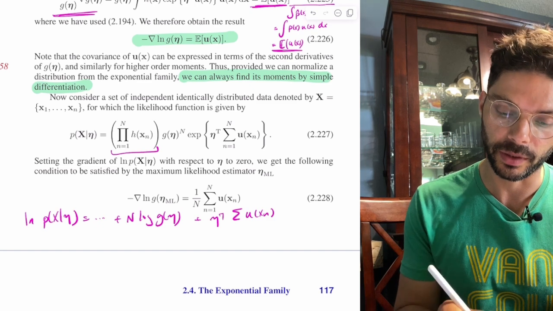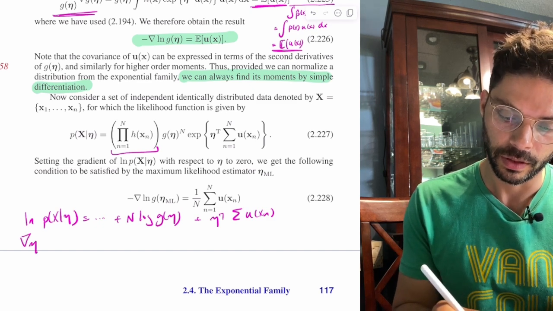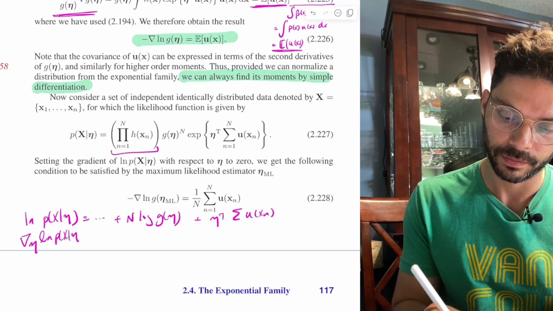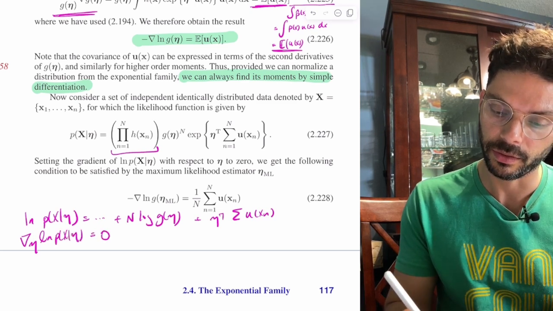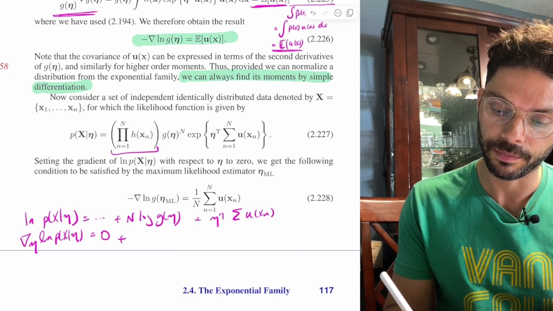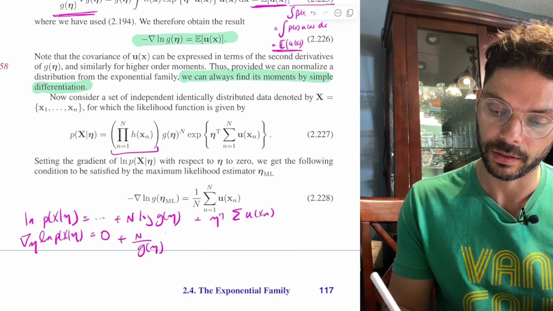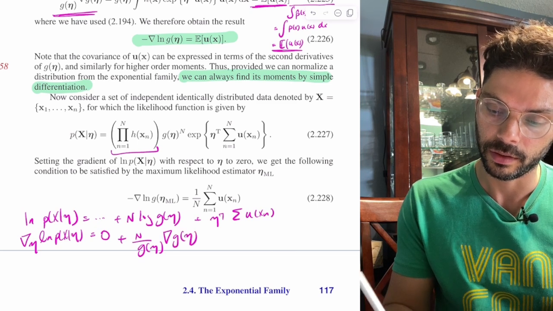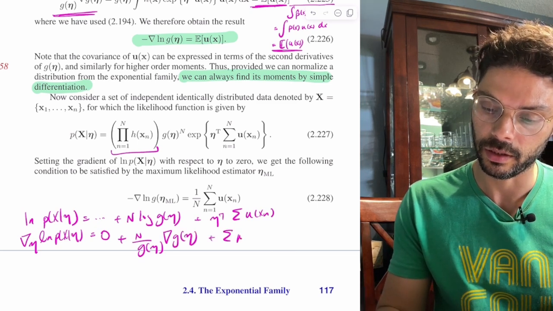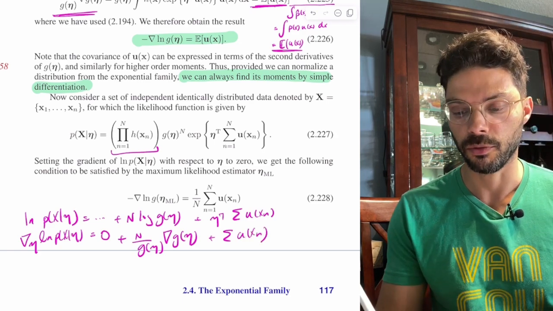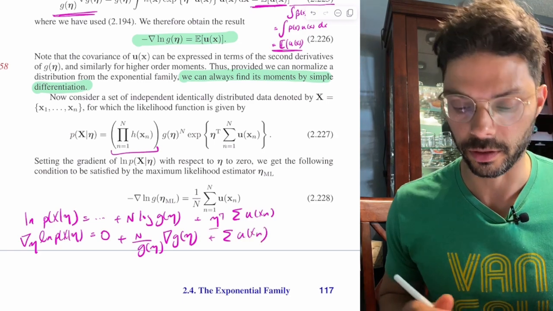And then if we just take the gradient, the gradient of ln p is going to equal 0 plus n over g of eta times the gradient of g, plus the sum over u of xn, because the eta drops out when you take the gradient.